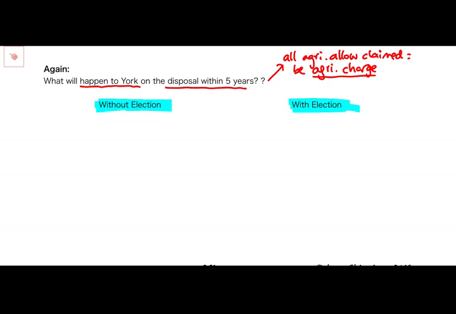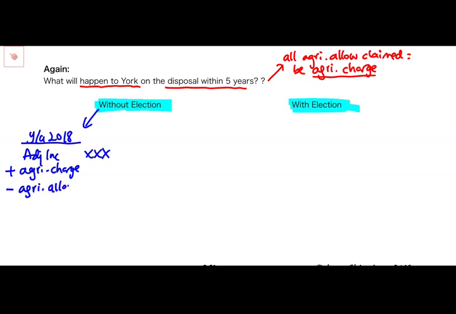What happens if you don't do election? Imagine this is what you see in 2018. You're going to have an adjusted income, which I don't know what's the figure. You're going to add the agriculture charge, and also you minus the agriculture allowance.